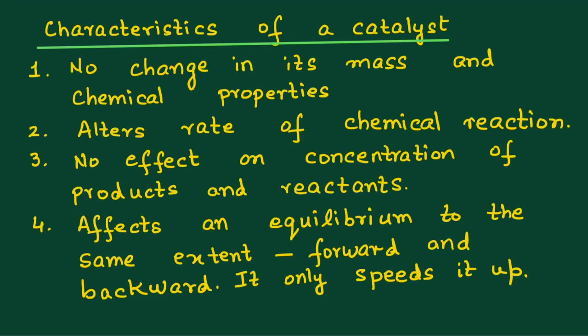Let us now do the characteristics of a catalyst. As we said earlier, when a catalyst is being used in a reaction mixture, it itself undergoes no change in mass or its chemical behavior.